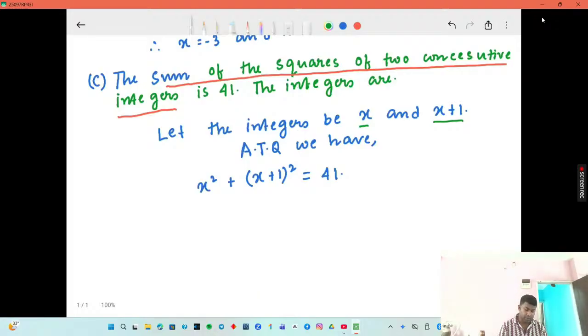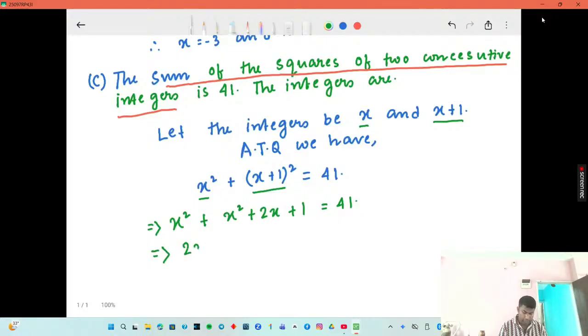So according to question we can write x square plus x plus 1 whole square is equal to 41. Is it clear to you? So now I will be solving this equation to find the value of the integers. Okay. So now x square plus x square plus 2x plus 1 is equal to 41.